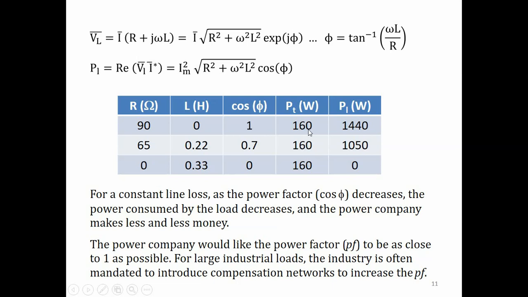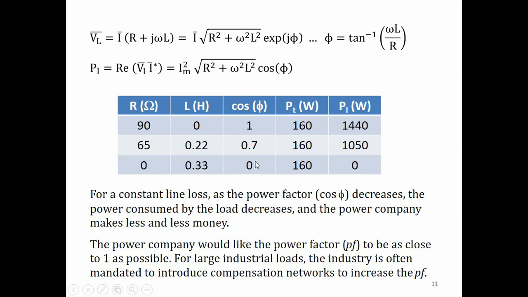So the power company does not like the power factor to be less as far as any specific industry is concerned. Ideally, the power company would like the power factor to be close to 1, and of course not close to 0.